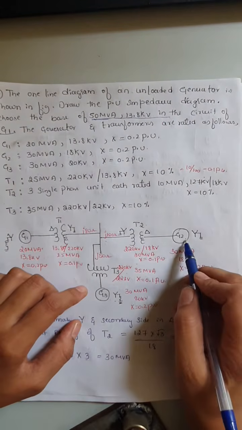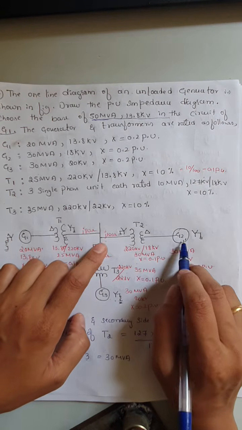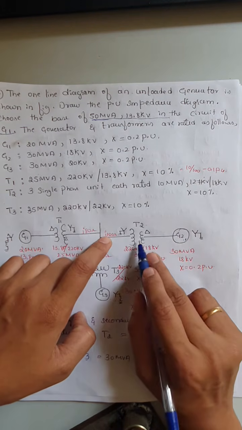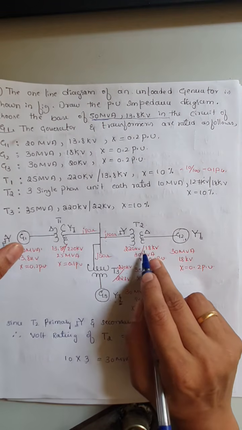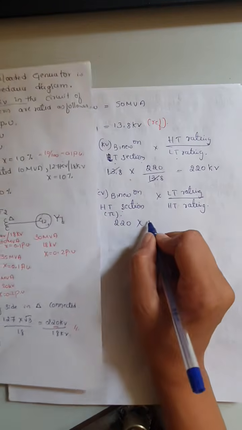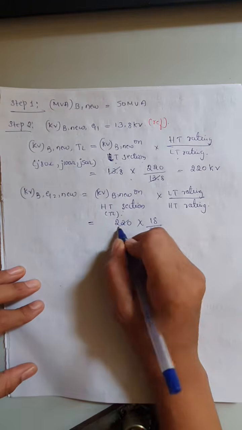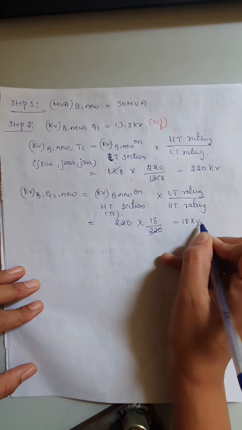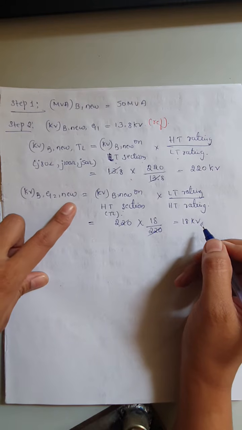We are calculating the generator 2 value by taking the transmission line as a reference. In between generator 2 and the transmission line, the T2 transformer is coming. So we need to write the high and low voltage rating. Low voltage is 18, high voltage is 220, so 18 by 220 kilovolt. That will give 18 kilovolt. This is the kilovolt base new for generator 2.